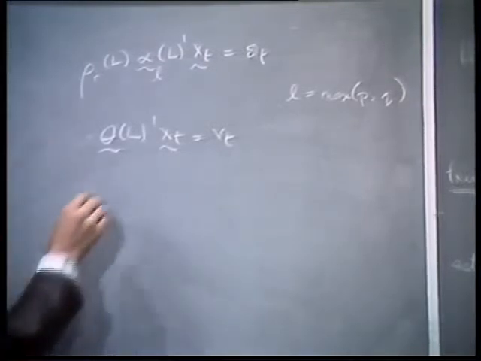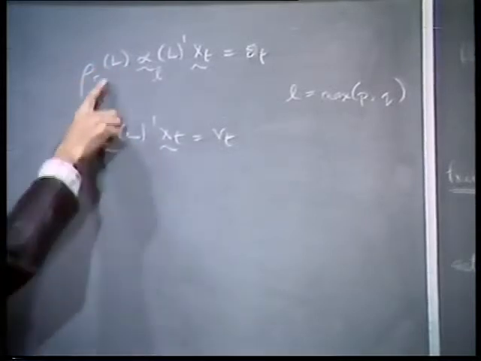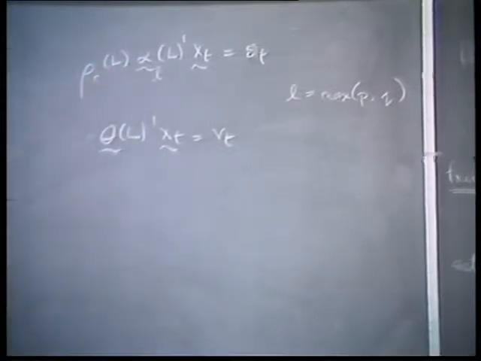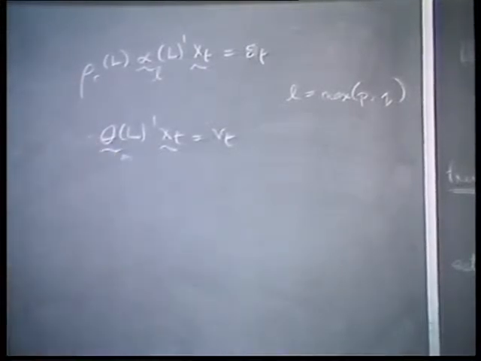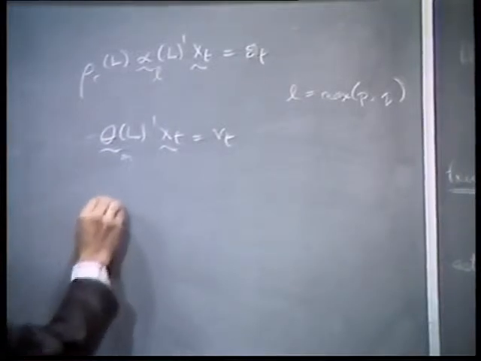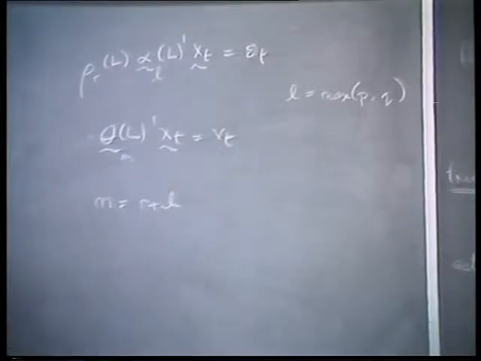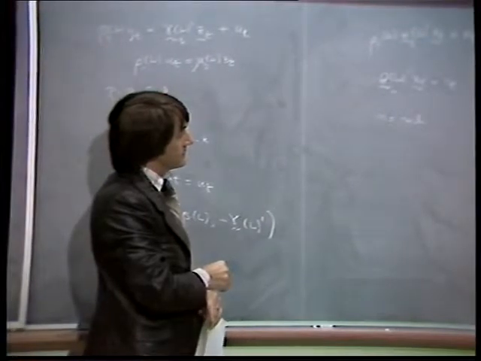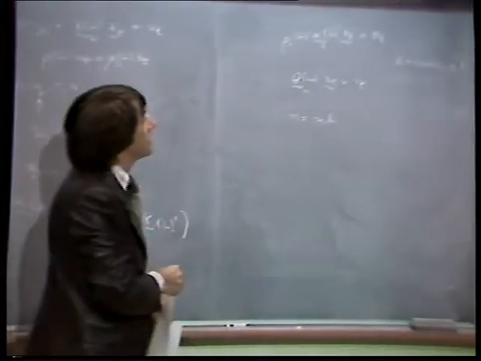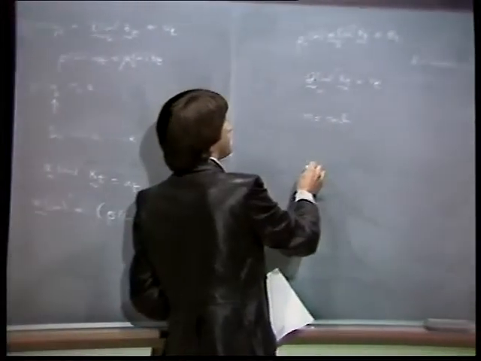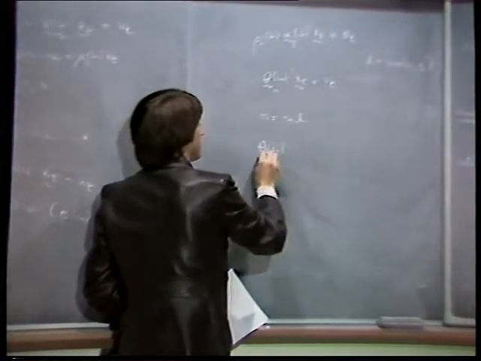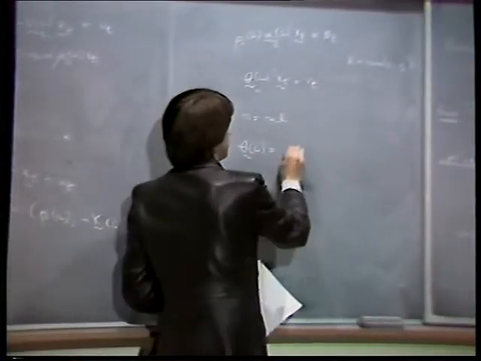From that representation, we could relax those autoregressive restrictions and write that model in this form, where if the maximal order of theta of L is denoted m, then m would be equal to R plus L. So the first model is the second model with autoregressive restrictions. And we can write those in this form.